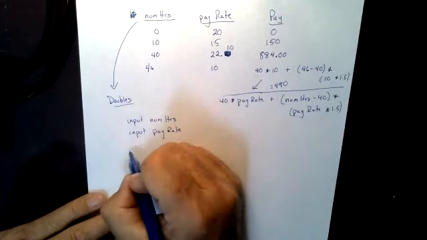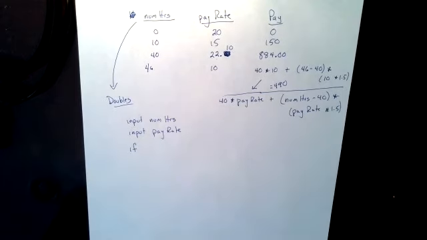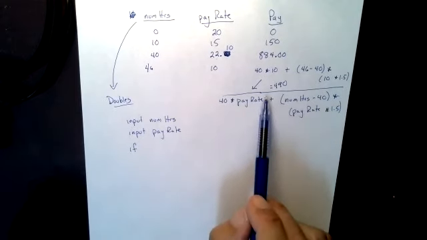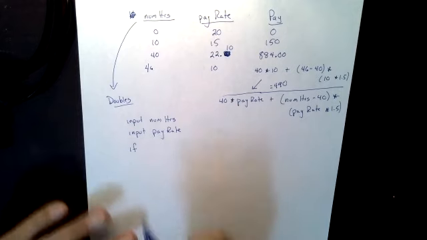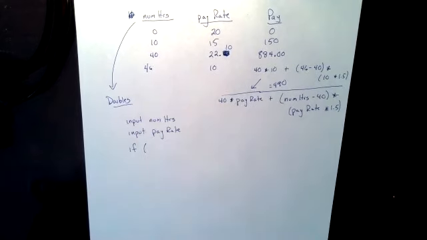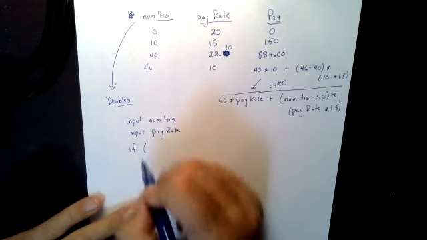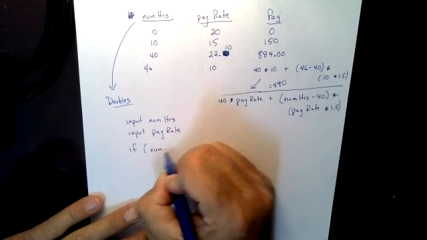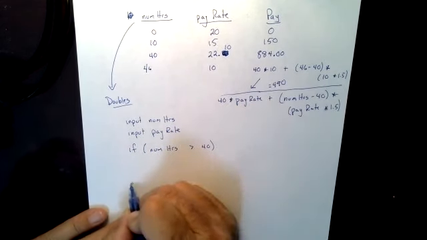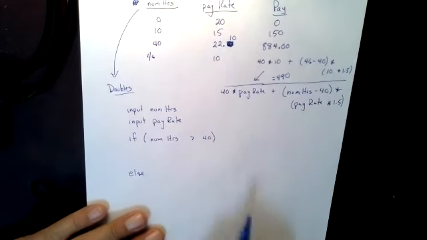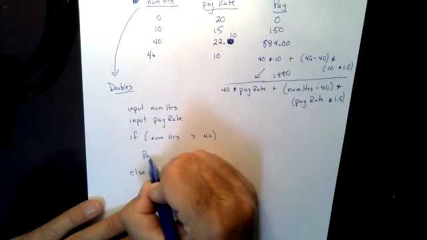Now I'm saying what? If I had two different ways to figure out my pay, what dictates which way? The number of hours, right? If number hours is greater than 40, that means I have my overtime. And then otherwise I have, so pay is what?